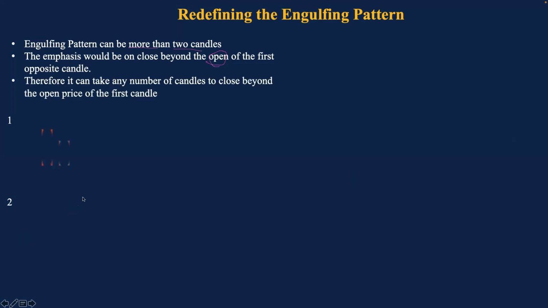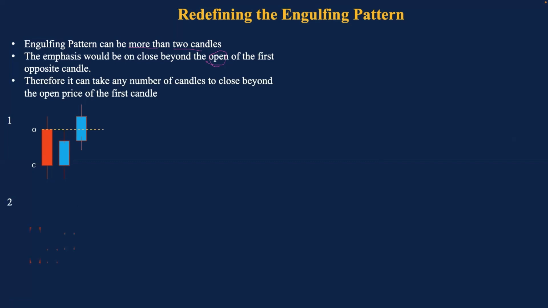So for instance, here we have an open price, we have a closing price. See, this candle could not close beyond the open. Can you see? Now that it has closed beyond the open, our definition is that this candle has engulfed, right? So the engulfing is no more a two candlestick pattern, but more than two candlesticks.